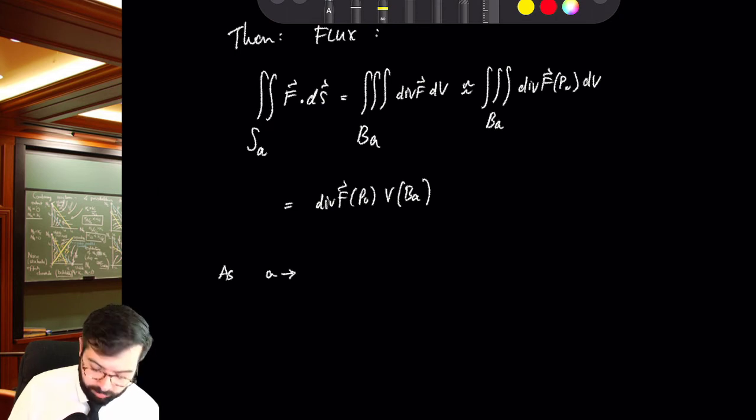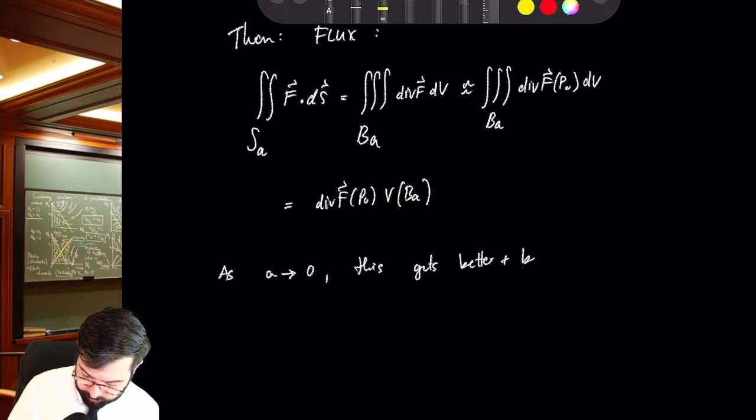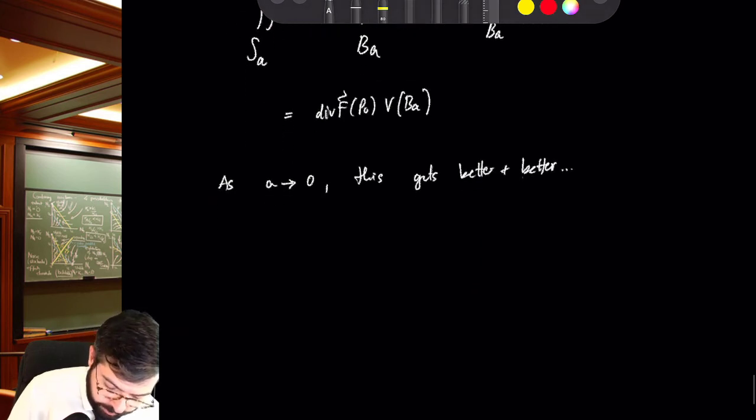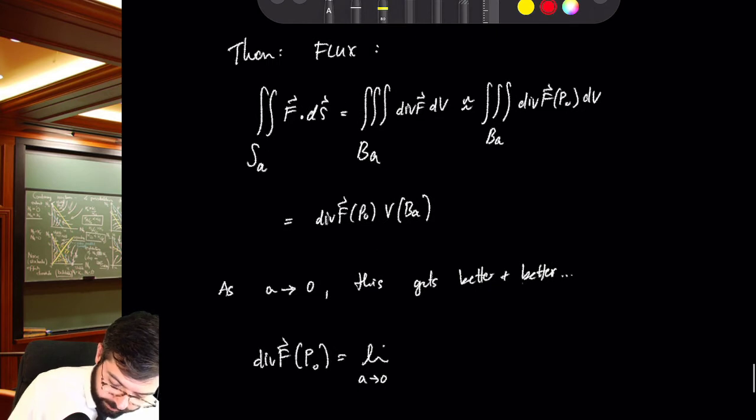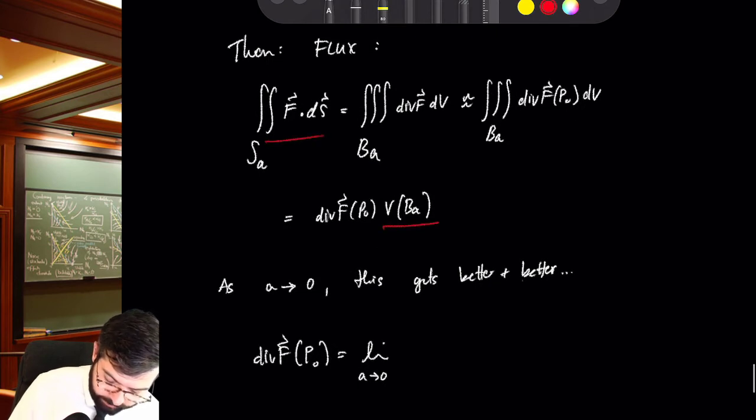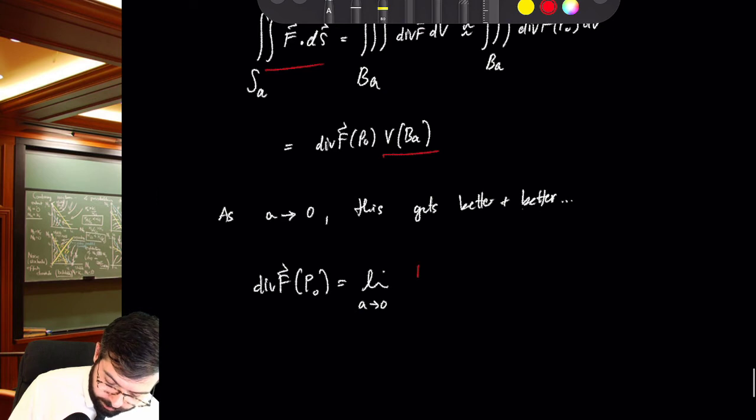And as A approaches 0, this gets better and better. So what this tells us is that the divergence at this point, if we divide both sides, equals 1 over the volume of the ball times the flux integral.